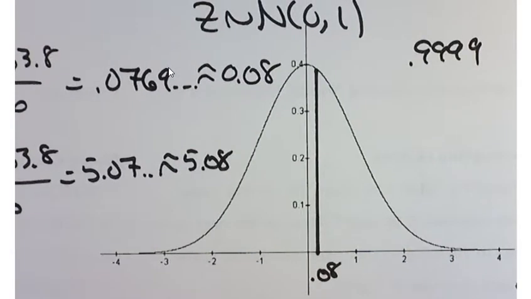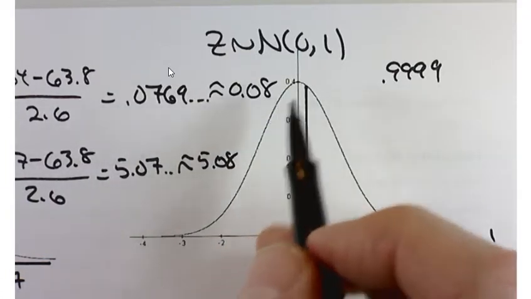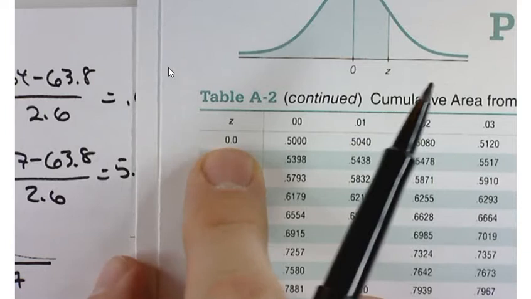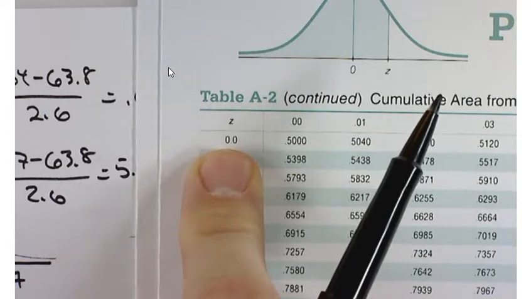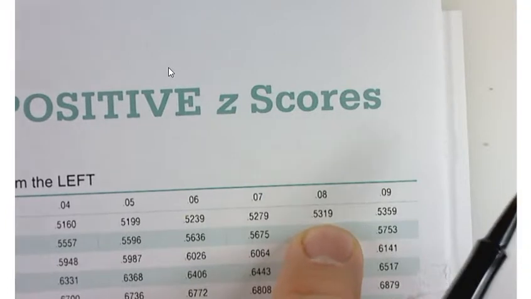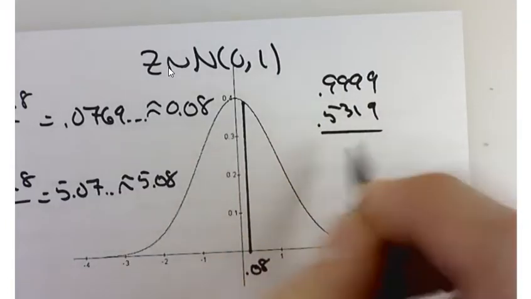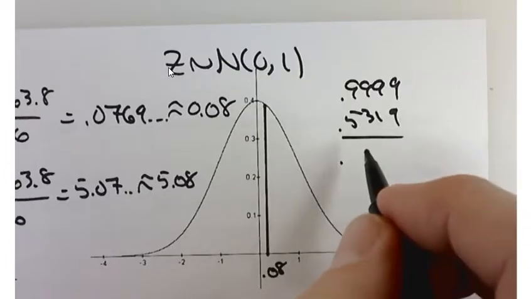And then we want to find the area to the left of 0.08. So 0.0 is right here. 0.08, we'll scroll across and get 0.5319. And when I subtract, I get 0.4680.